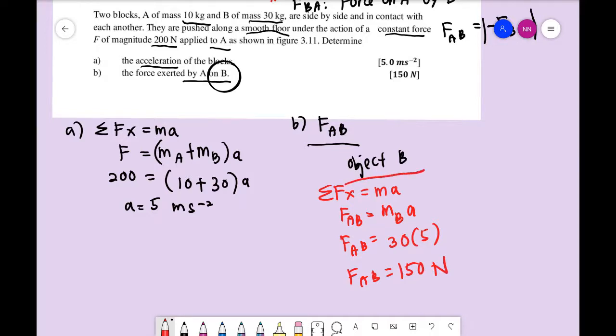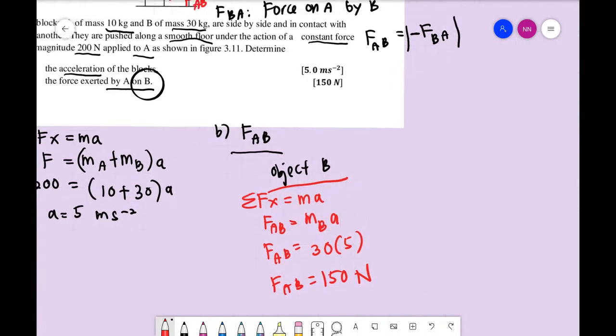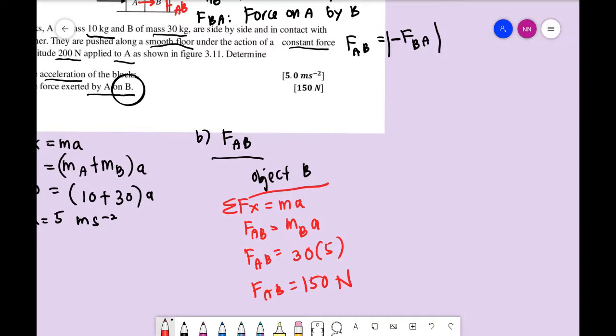So we can check that the force on B by A is 150 Newton by using object A. By using object A, we have to consider object A.